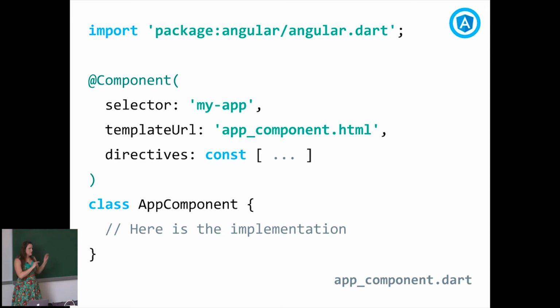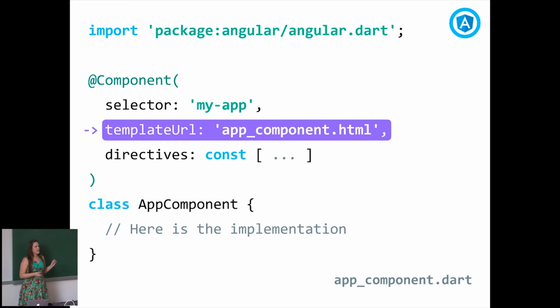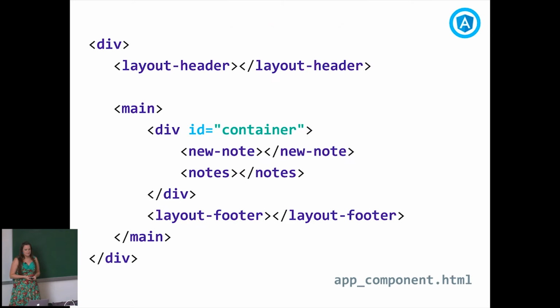Then there's lots of other stuff which is not important now, but let's take a look at the HTML code for the component. This component is the main component for the app, and it has a div element, and again you can see there a layout header. What is this? Well, this is again another AngularDart component.